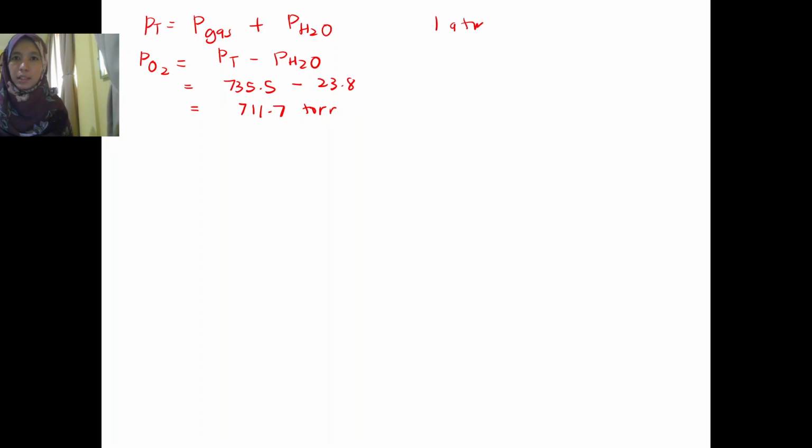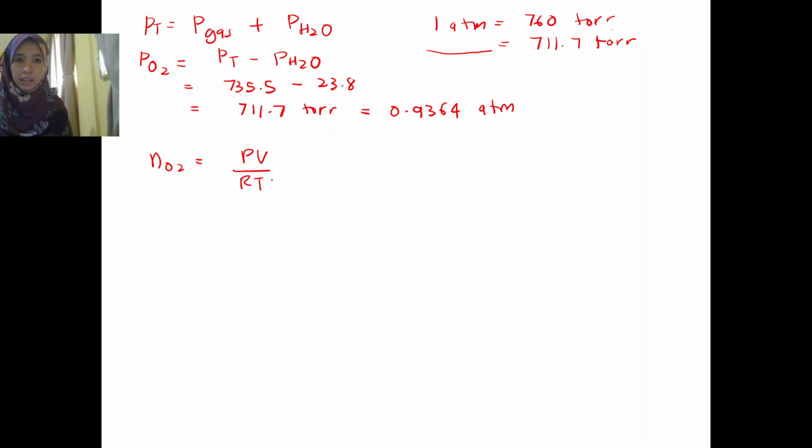So convert torr to atm. 1 atm equal to 760 torr. So 711.7 torr, how many atm? So same, cross multiply. So we have 0.9364 atm. Then before we calculate for mass, calculate mole using PV over RT.